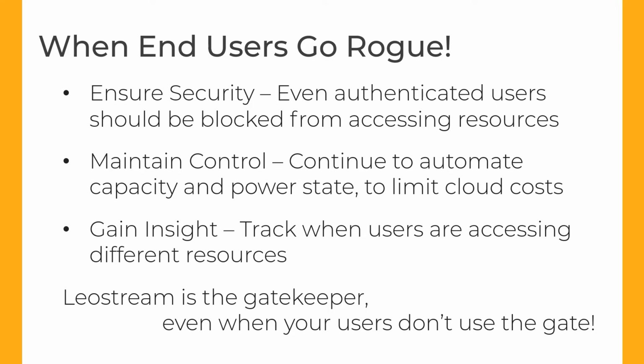If your users are coming in rogue, they may be powering a machine on, they may be logged into it and then walk away and stay logged into it because nothing's monitoring for the idle time. You lose the control over your environment that Leostream gives you. And when you lose that control, you run the risk of increasing your costs. And some of that goes back to that power state management that I mentioned that you're losing.